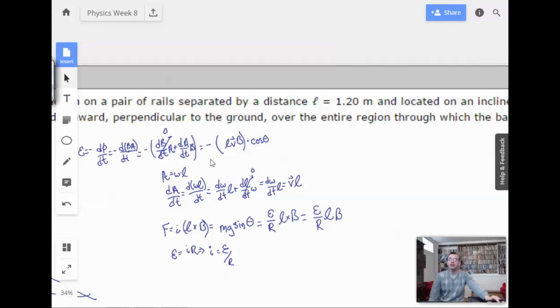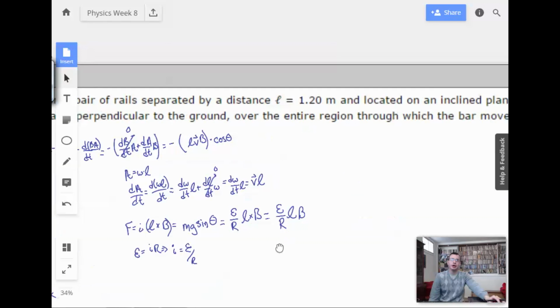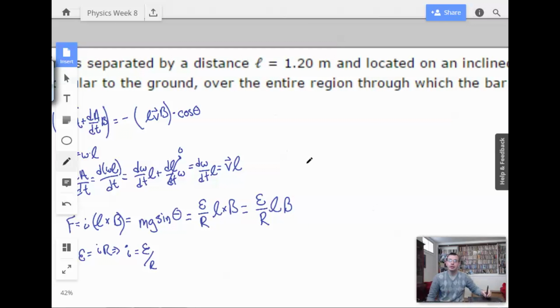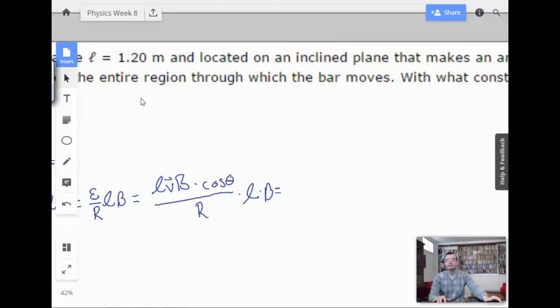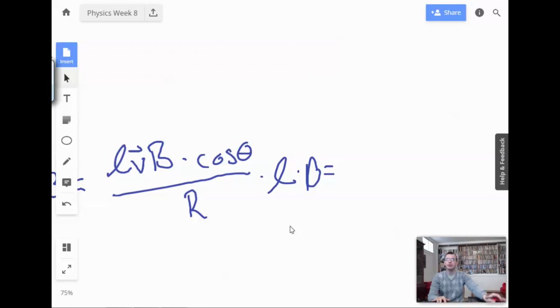Now we know what the electromotive force is. We're going to have L V B times cosine of theta, over R, times L times B. Let me rewrite that one more time, maybe zoom in a little bit so my handwriting will be nicer.